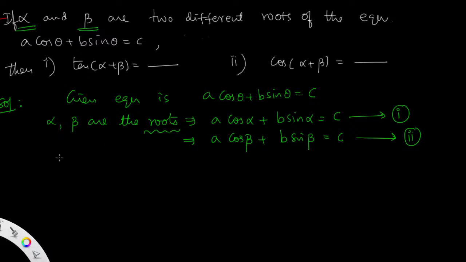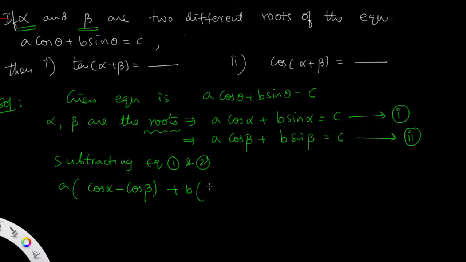Now subtracting equations 1 and 2, with a common: a times cos alpha minus cos beta plus b times sin alpha minus sin beta equals c minus c, which is 0. So the equation can be changed into a times cos alpha minus cos beta equals minus b times sin alpha minus sin beta.